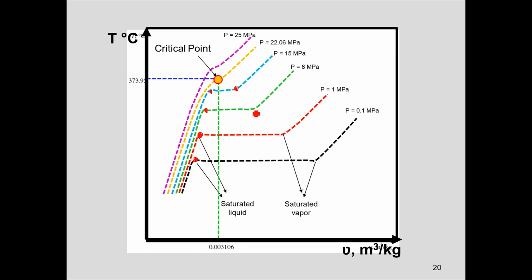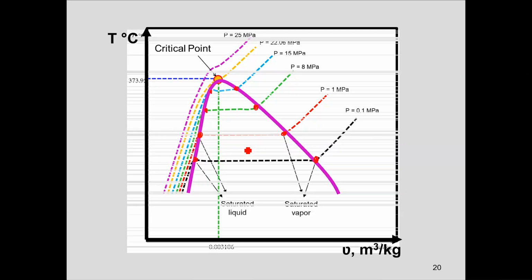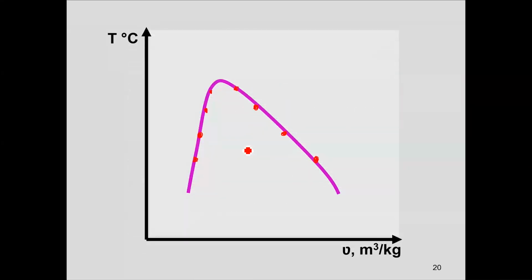So these are which points? Saturated liquid and saturated vapor points. And if I try to join these points by this line, what would essentially I have? I would have a line which is the saturated liquid line. This line would be my saturated liquid line. I would have a saturated vapor line. So this line would be my saturated vapor line.